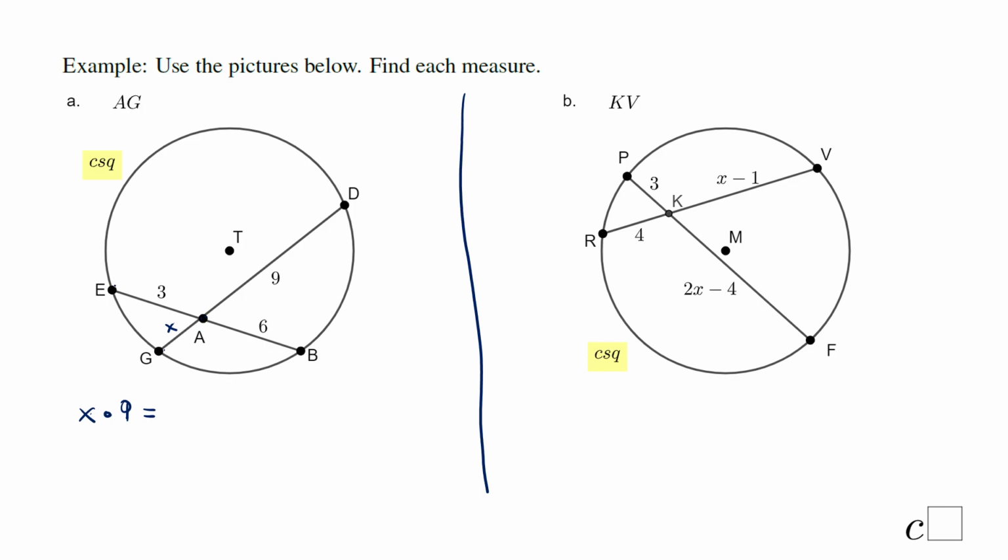Now AE, that is 3, times AB, that is 6. So I just applied the theorem we discussed. I want to solve for X, so I'm going to divide by 9. And here I have X equals 3 times 6, 18, divided by 9 is just 2. That is how much AG is.